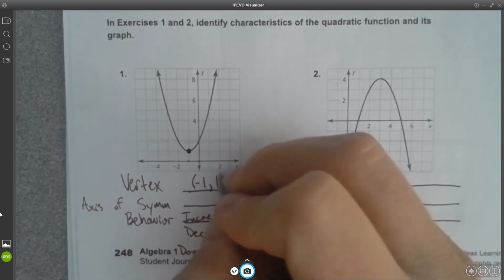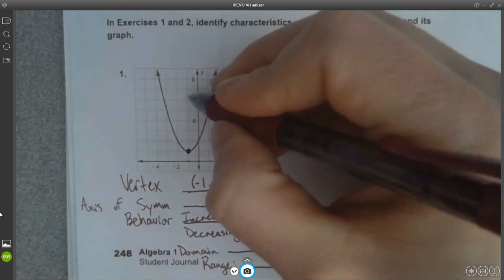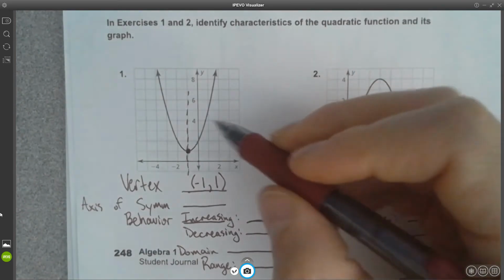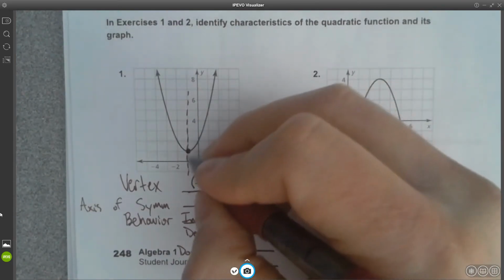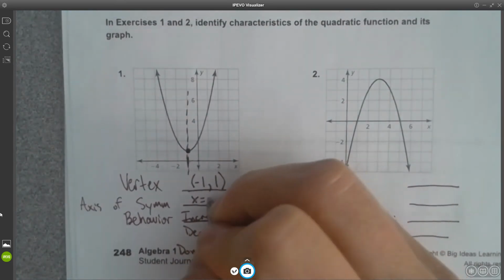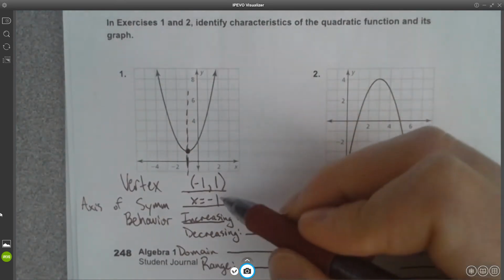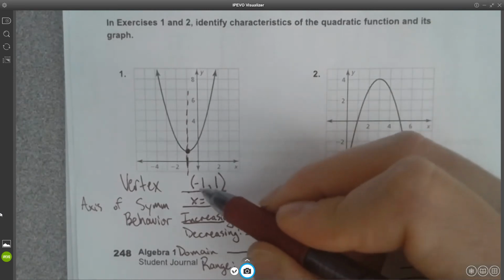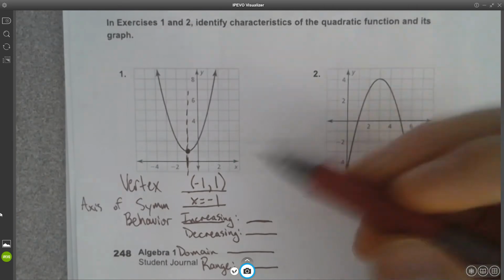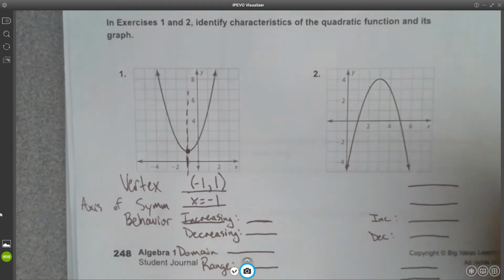So just write that spot as a point. The axis of symmetry is this line right here. It cuts through the middle of that parabola, and it crosses the x-axis at -1, so the equation for that line is x equals -1. Whatever your vertex x-coordinate is, that's always the value for the axis of symmetry. So if these two don't match, that means that something is off.